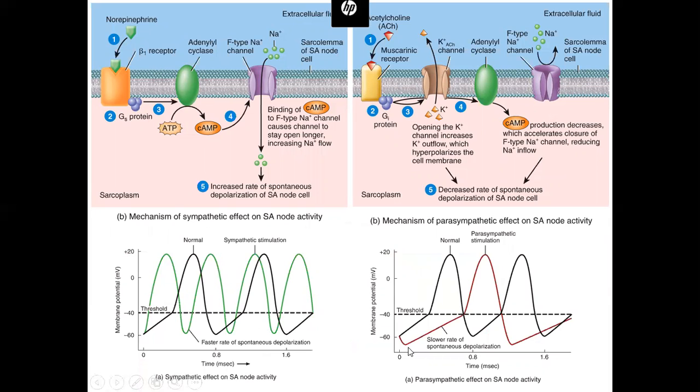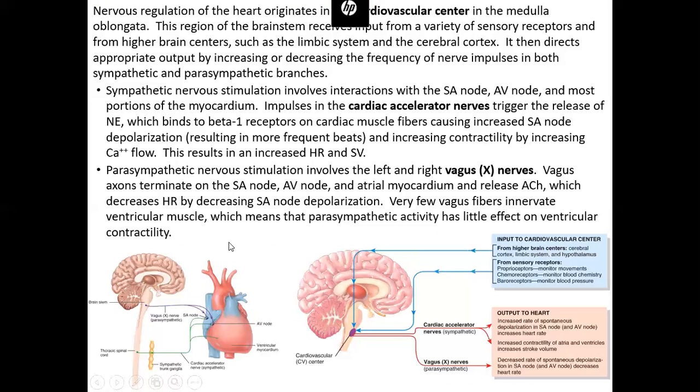But what happens is we slow the rate of depolarization of the SA node compared to a normal situation shown in black. So this decreases heart rate by decreasing SA node depolarization.